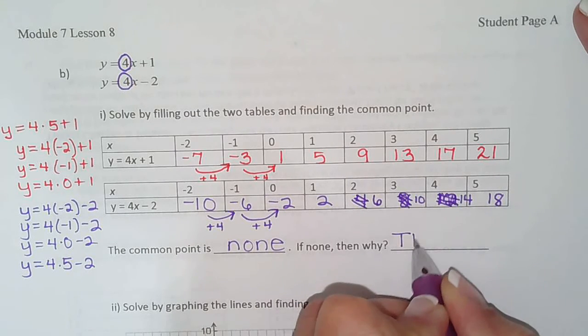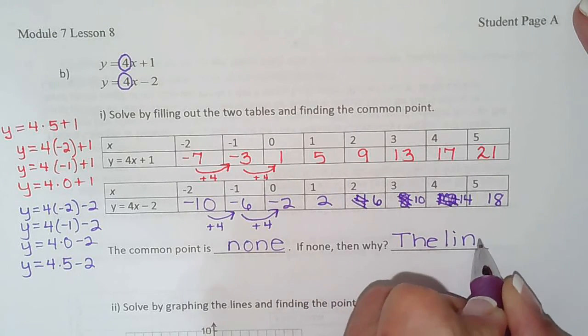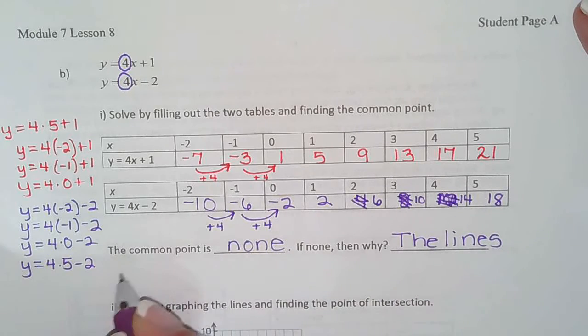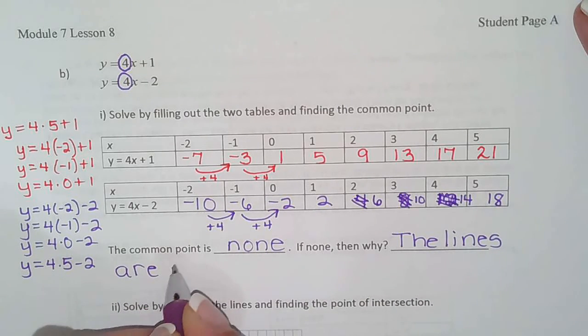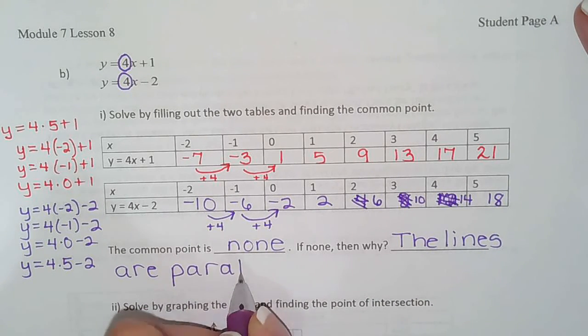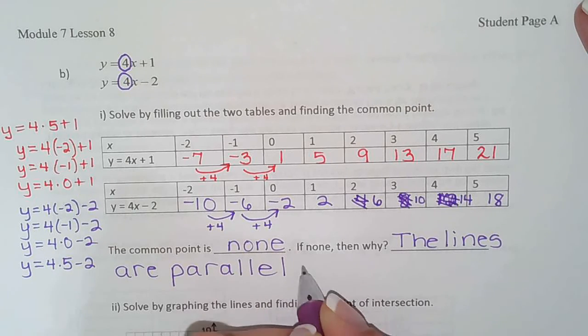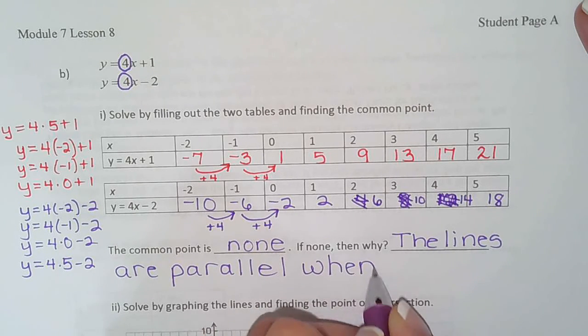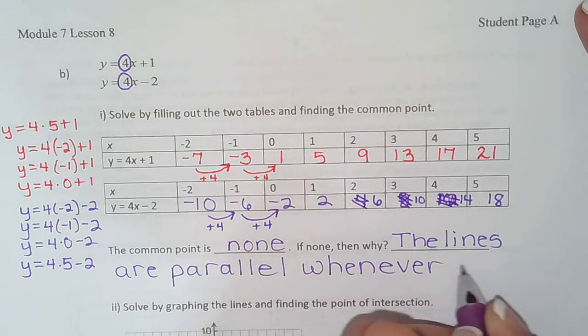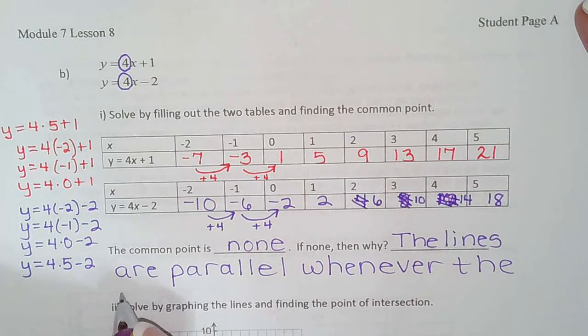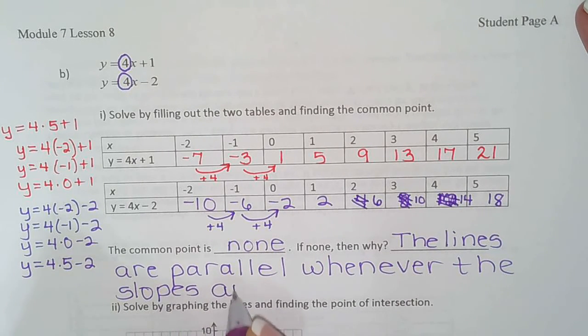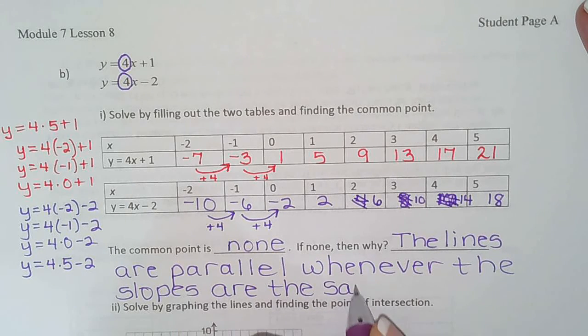The lines are parallel whenever the slopes are the same. And parallel lines never intersect.